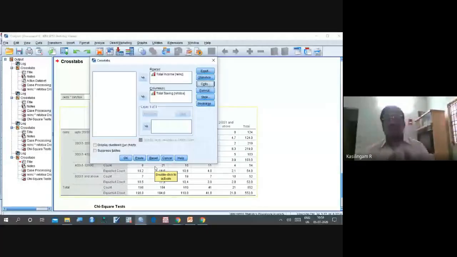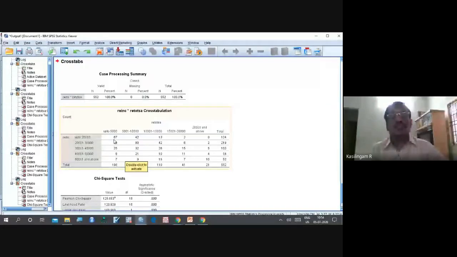So let me remove this expected. I am not touching anything, just put one into the row, another into the column, you say okay, then you will get this 67, 42, 13, that is the observed frequency for each cell. Observed means the actual number of people in each category.